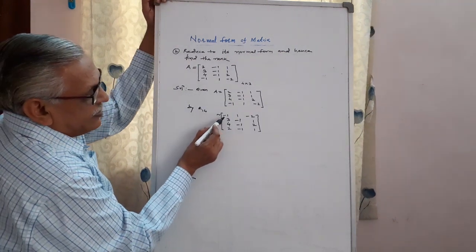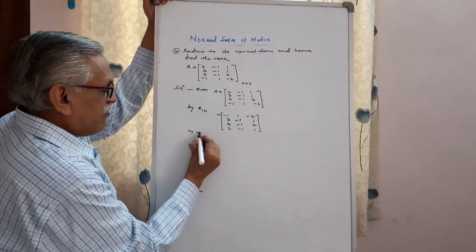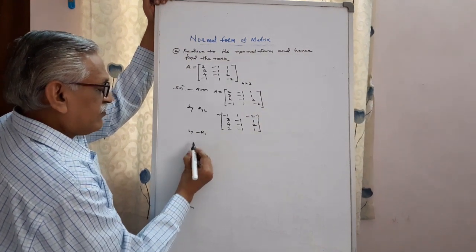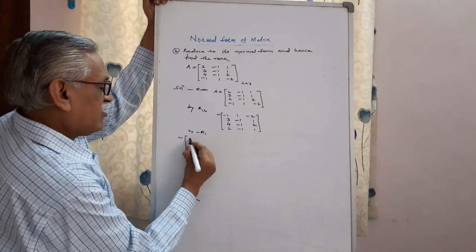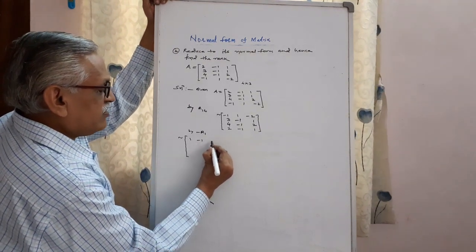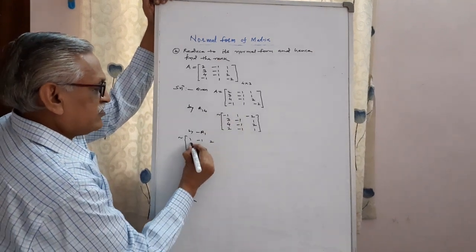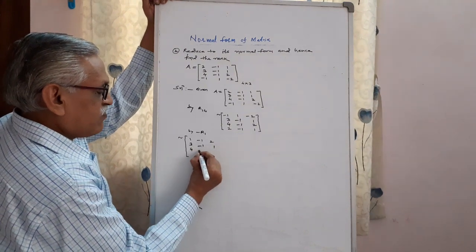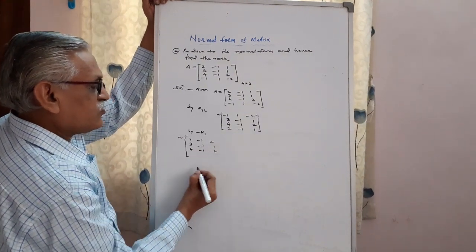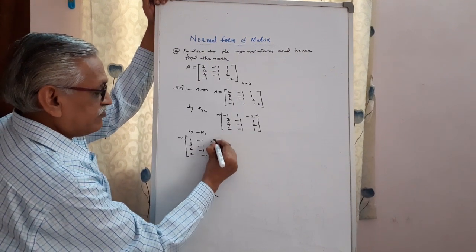Then convert it to 1 by -R1. We get 1, -1, 2, then 3, -1, 1, 4, -1, 2, and 2, -1, 1.